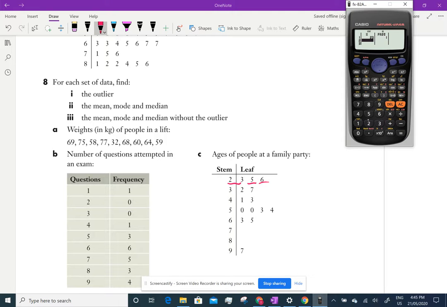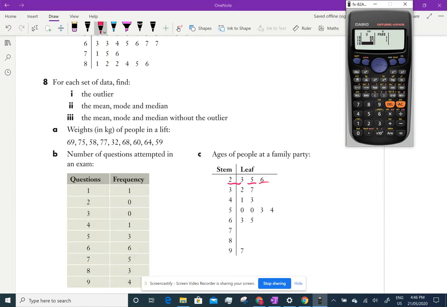So you've got 23, 25, 26, 32, too many there, 37, 41, 43, 50, 50, 53, 54, 63, 65, and 97. Oh yeah, that's it. That's all I have to do.